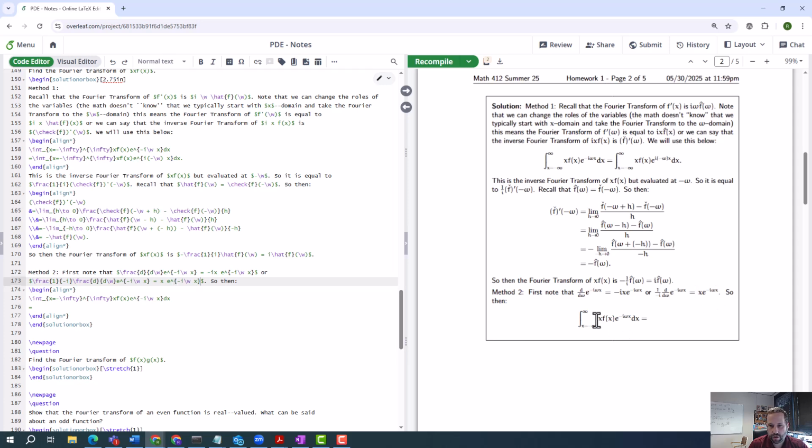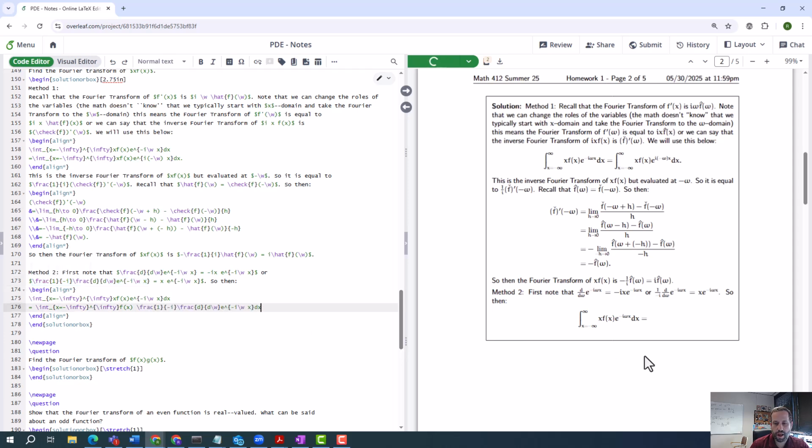Now notice our integral has x times e to the i omega x. So what this says is this is equal to the integral of f of x times this expression right here, dx.